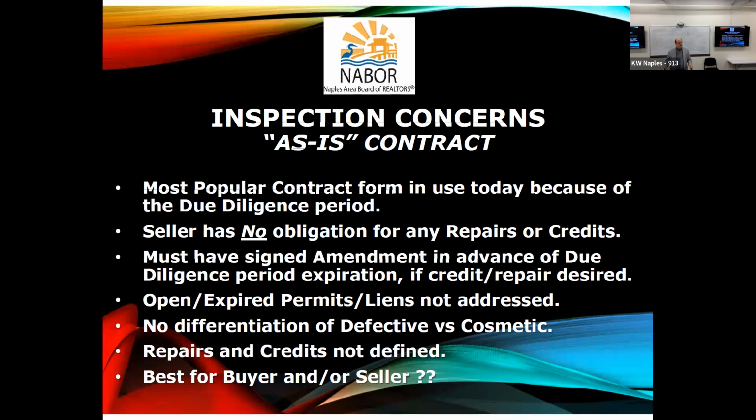Quick question. If at closing, you find out that the seller had known that the air conditioning was defective, what recourse does the buyer have after closing with either contract? Zippo. You accepted the property as-is.